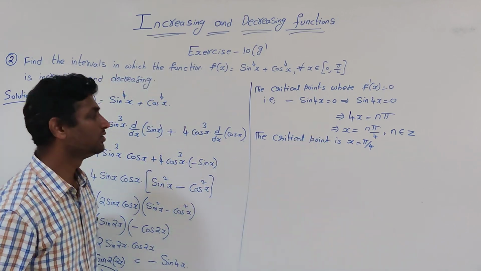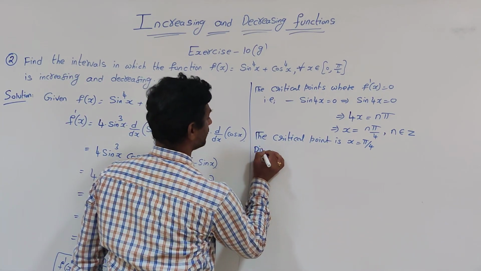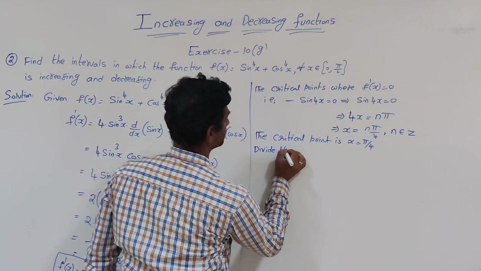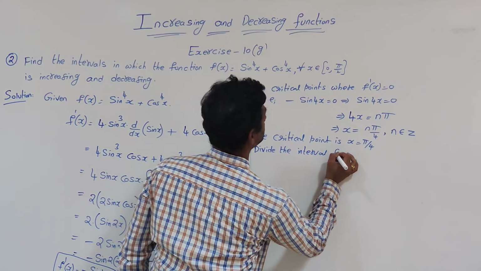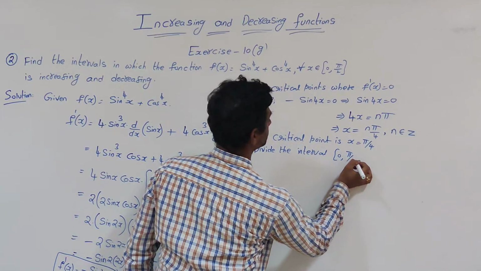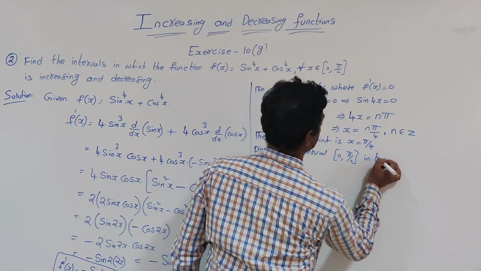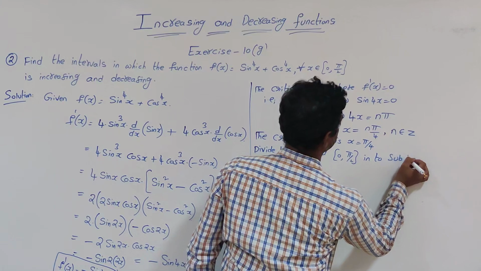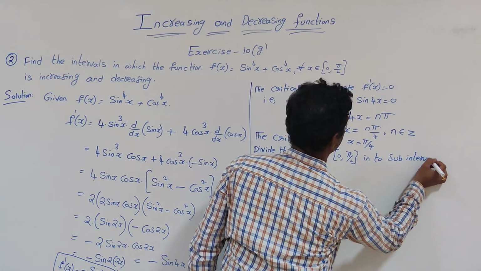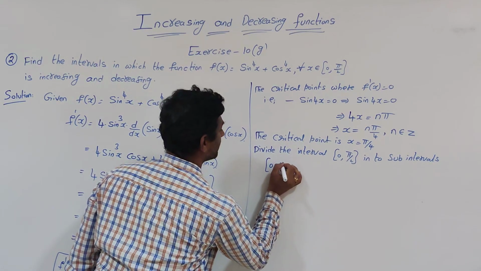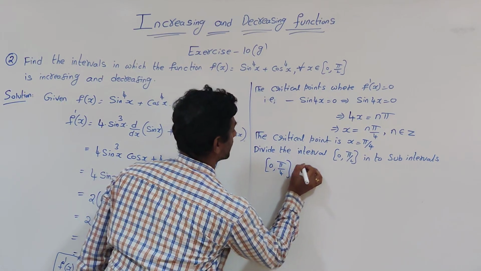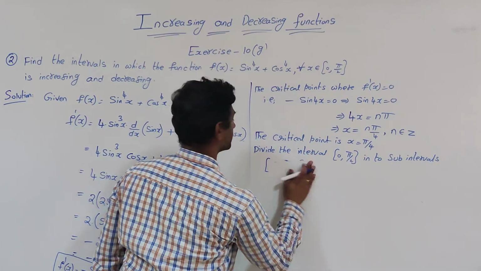Now divide the interval. What interval? 0 to pi by 2 into sub intervals with critical points, that is 0 to pi by 4 and pi by 4 to pi by 2.